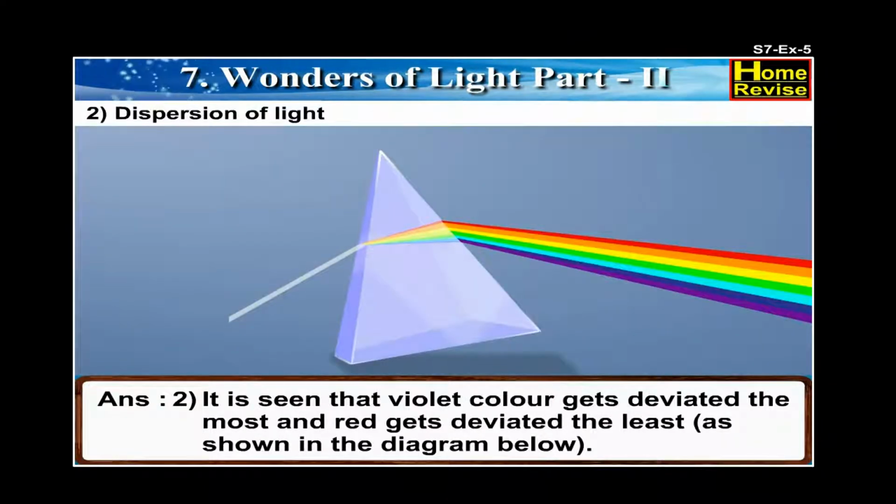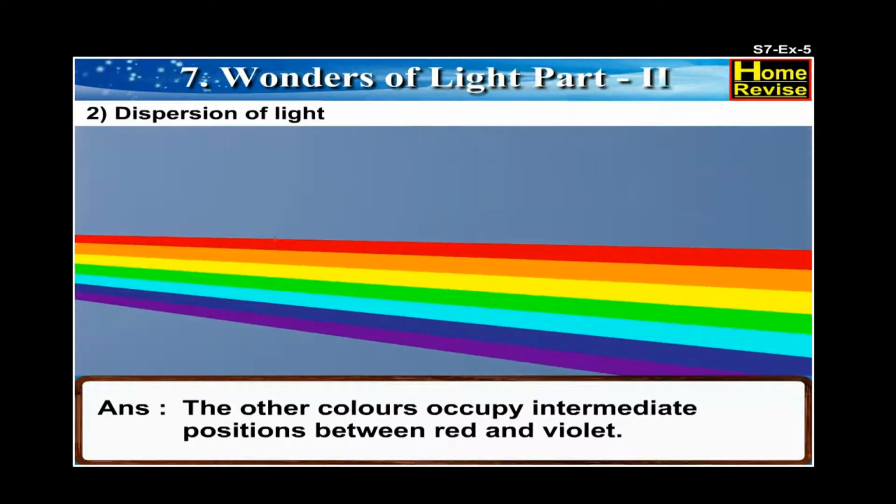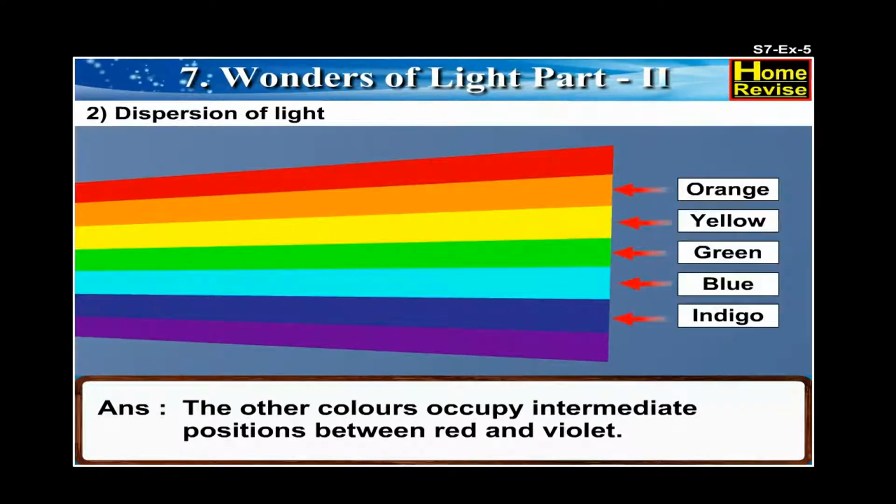It is seen that violet color gets deviated the most and red gets deviated the least, as shown in the diagram below. The other colors occupy intermediate positions between red and violet.